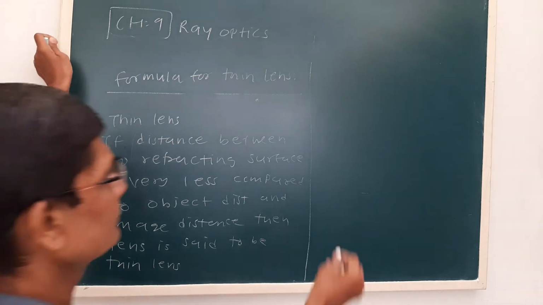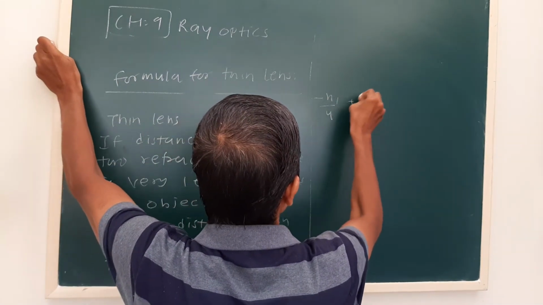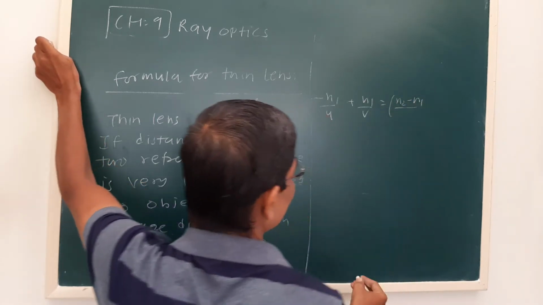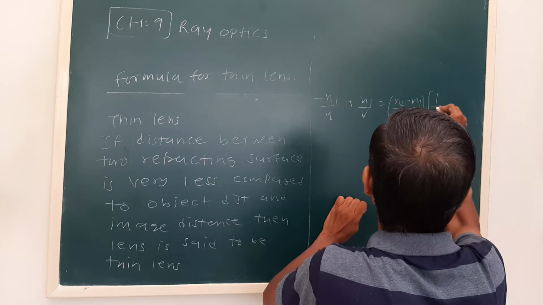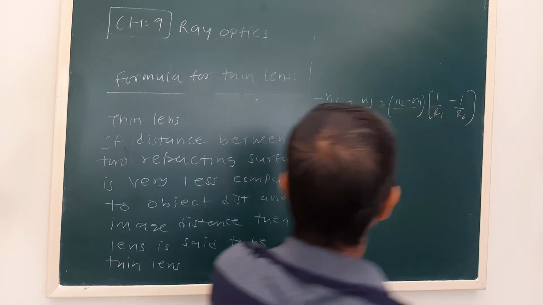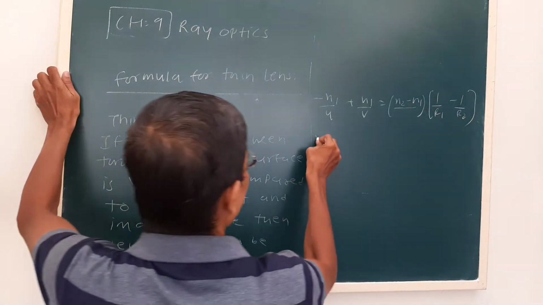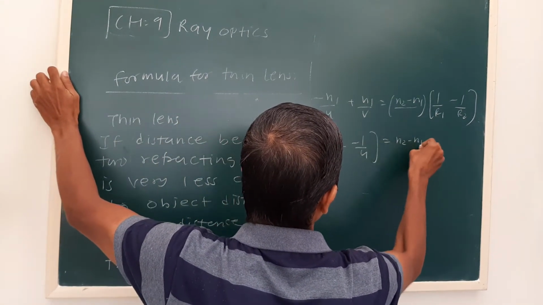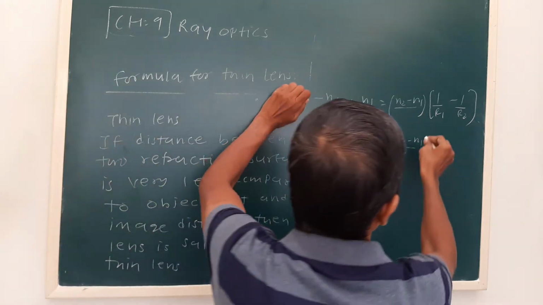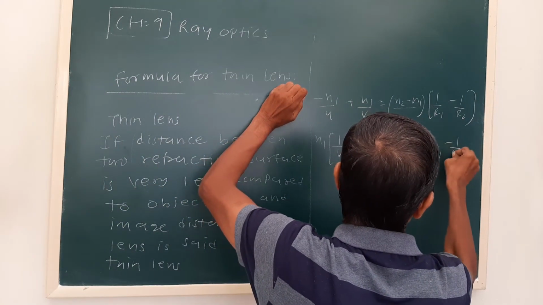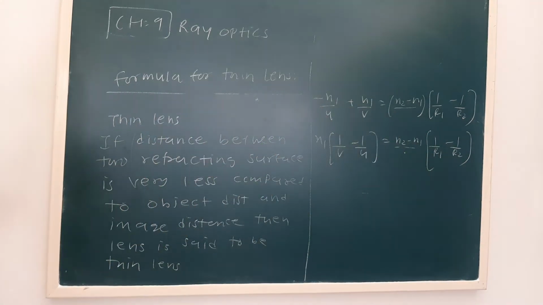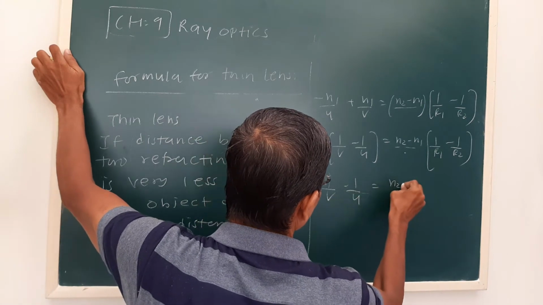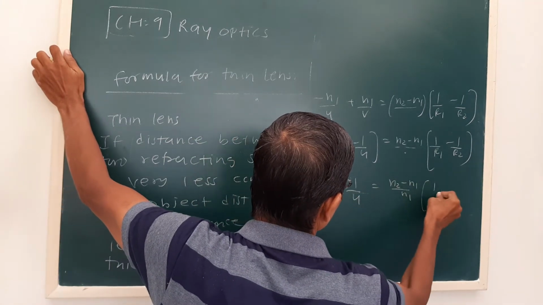Okay. Now we have derived minus n1 upon u plus n1 upon v is n2 minus n1, 1 upon r1 minus 1 upon r2. Okay, so 1 upon n1 we can take common, 1 upon v minus 1 upon u, n2 minus n1 upon n2 minus n1, 1 upon r1 minus 1 upon r2. Okay, now this n1 I am taking in the denominator. 1 upon v minus 1 upon u is n2 minus n1 upon n1.